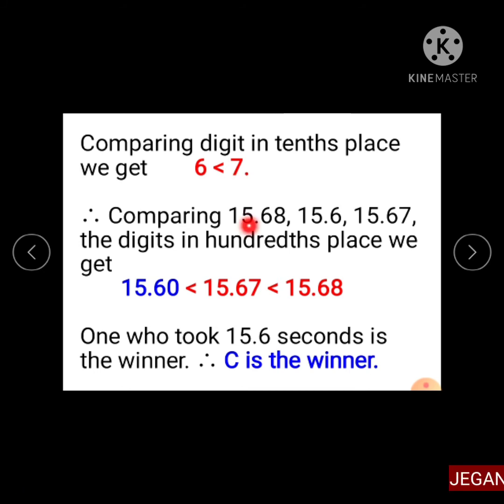Comparing 15.68, 15.6, 15.67, the digits in the hundredths place, we get 15.6 is less than 15.67 is less than 15.68. The one who took 15.6 seconds is the winner. That is, C is the winner.